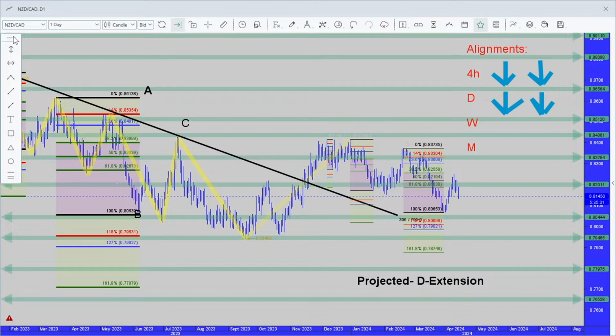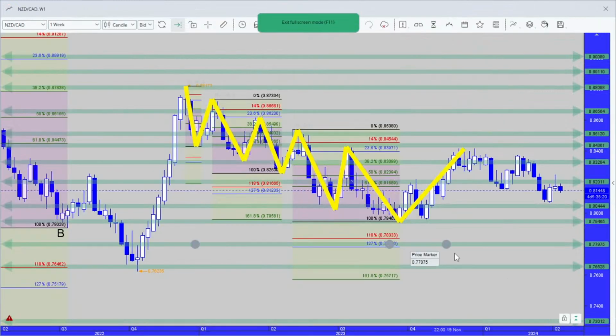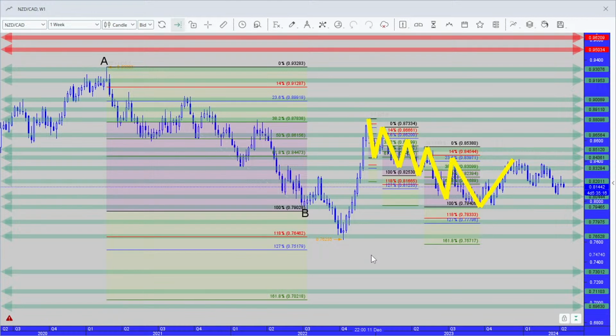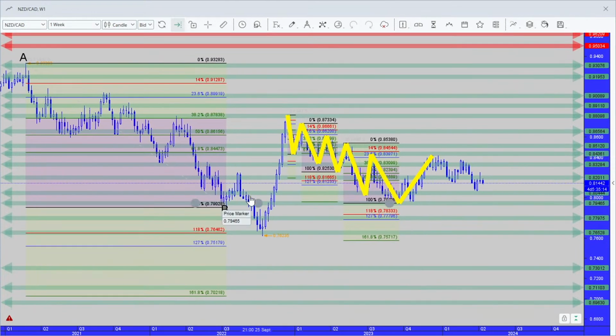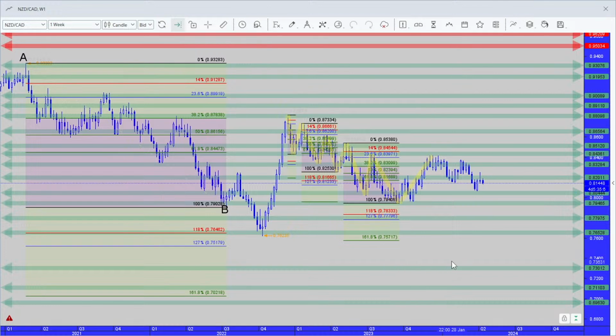before we short the market, we are going to go on the weekly. Let's go on the weekly, and we have the big one, ABCD. We have the market wave, which is not relevant directly.